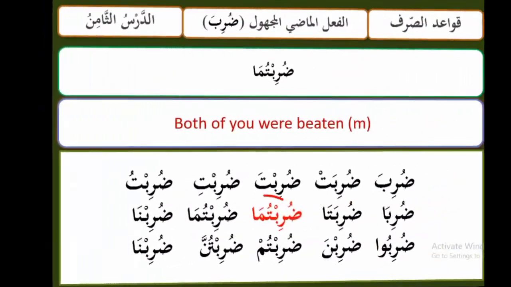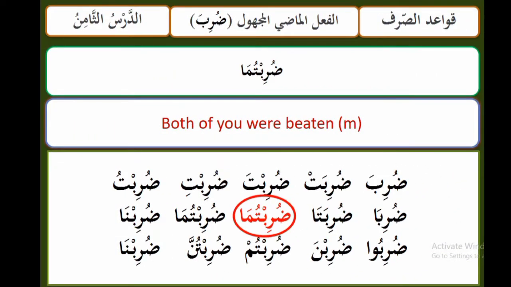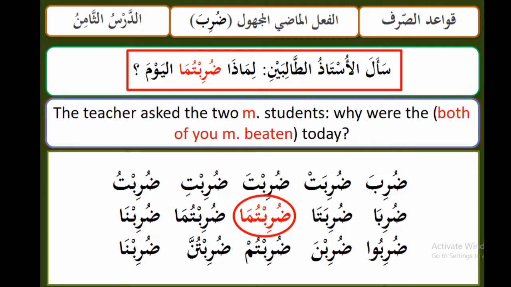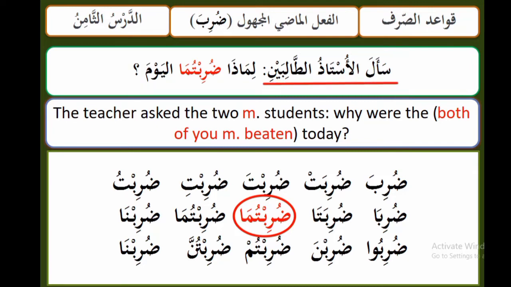The next is ضربتما, and this means both of you were beaten for masculine gender. Example: سأل الأستاذ الطالبين لماذا ضربتما اليوم. This means the teacher asked the two male students, why were the both of you beaten today?